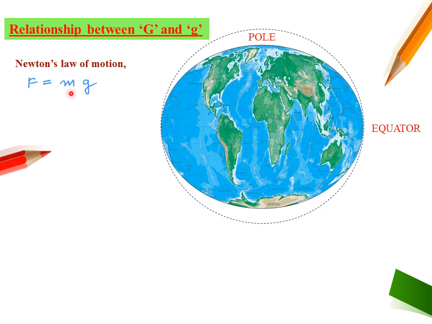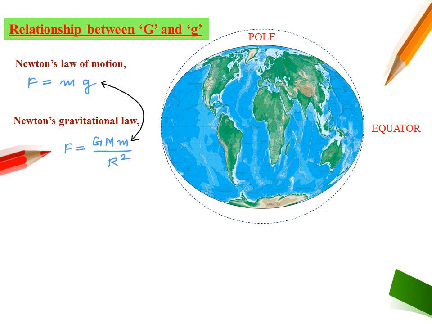That is, F is equal to mg. By Newton's gravitational law, we have the attractive force F equal to G, that is gravitational constant, into mass of the planet into mass of the body on the surface of the planet, over the square of the radius of the planet.